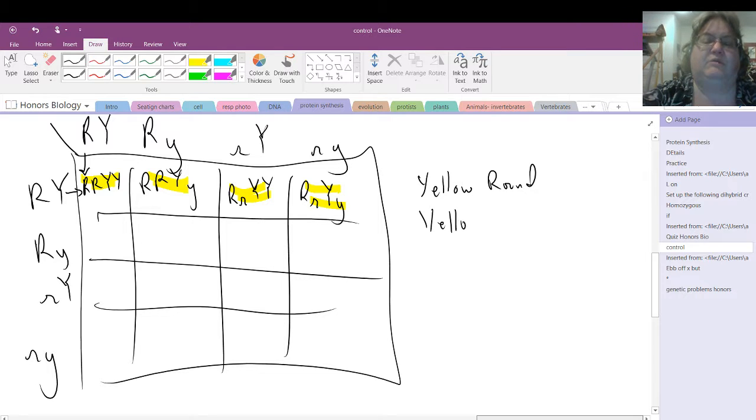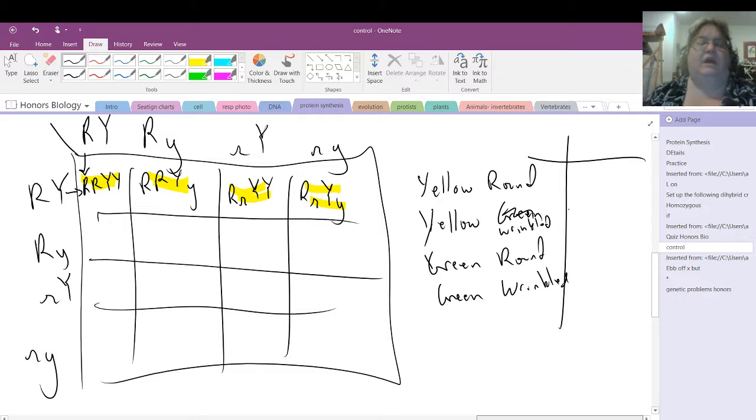How many are yellow wrinkled, how many are green round, and how many of them are green wrinkled? You can just do a little tally. You should get 9, 3, 3, 1, and they should add up to 16. If they don't, you counted wrong.